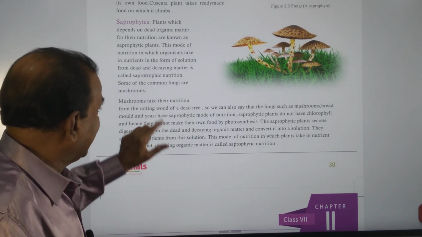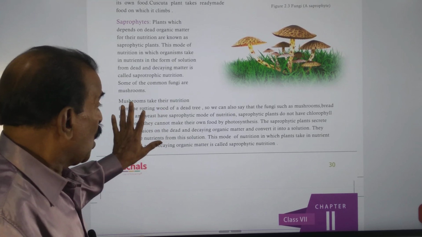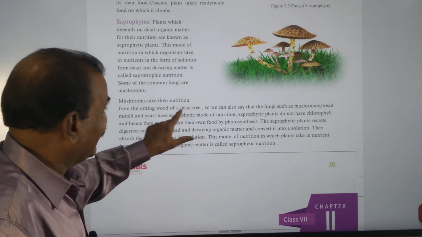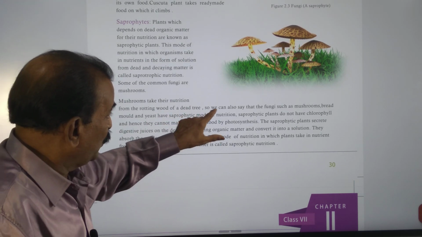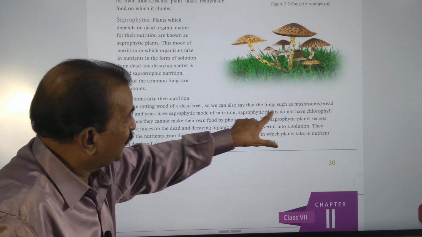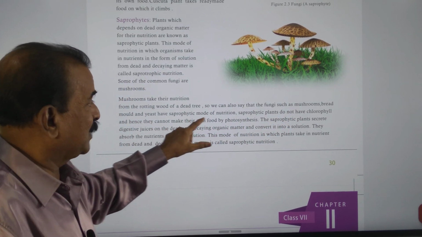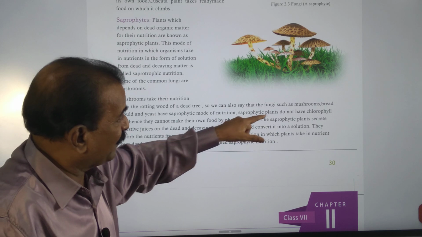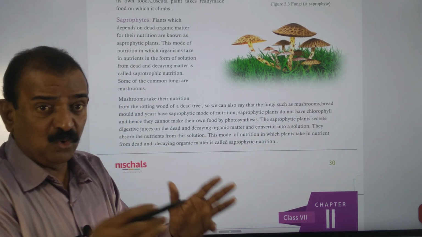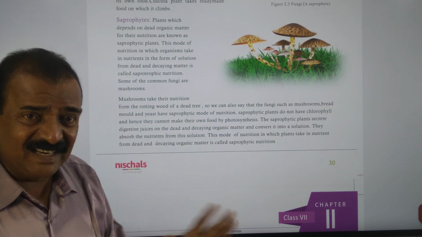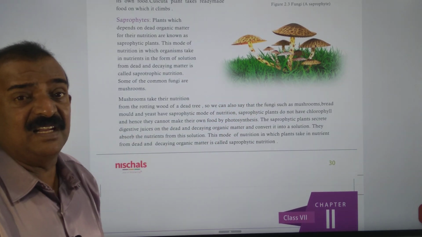Mushrooms take their nutrition from the rotting wood of a dead tree. We can also say that fungi such as mushrooms, bread mold, and yeast have a saprophytic mode of nutrition. Saprophytic plants do not have chlorophyll, and they are not green in color. Here you do not observe any green structure.